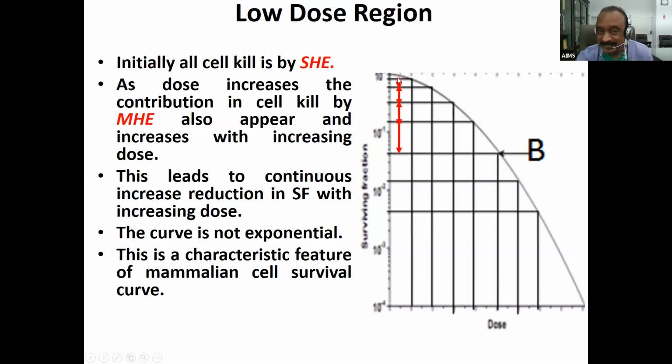This is what I discussed, that in the initial portion, when you increase the dose, there is continuous reduction in survival fraction, or continuous increase in cell kill, till it reaches 10%. This happens because initially all the cell kill is by single hit event, but when you increase the dose, the contribution by multiple hit event keeps increasing. Now this reflects that the initial portion is not exponential, and this is a characteristic feature of the mammalian cell survival curve.